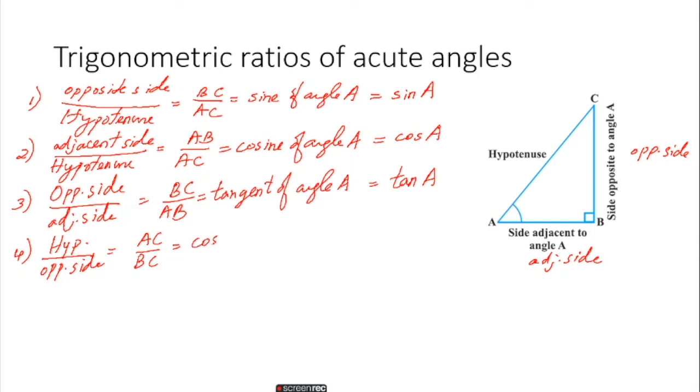It is called the cosecant of angle A. In short, we will write cosec A. Remember, that is the reciprocal of sin A, or we can write it is 1 by sin A.